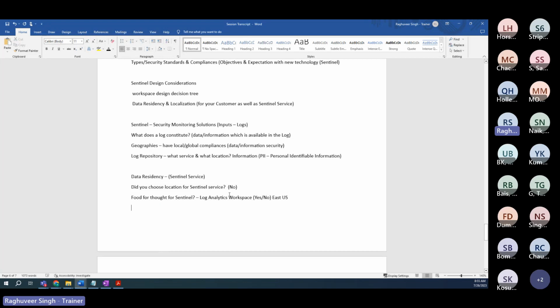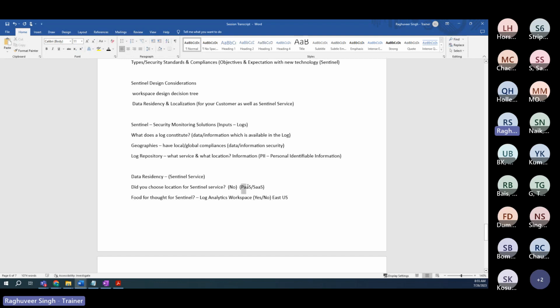Now the question is, if Sentinel is not a regional service, then what is it? So the answer is Sentinel is a PaaS service. You can also call it a SaaS service up to certain extents.